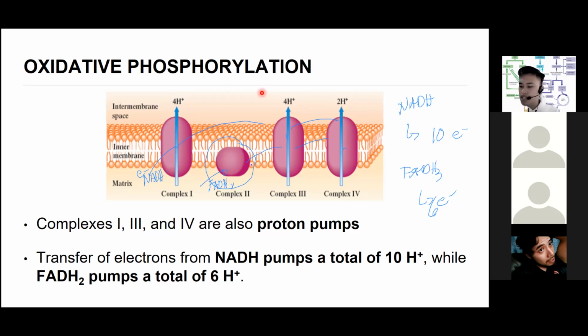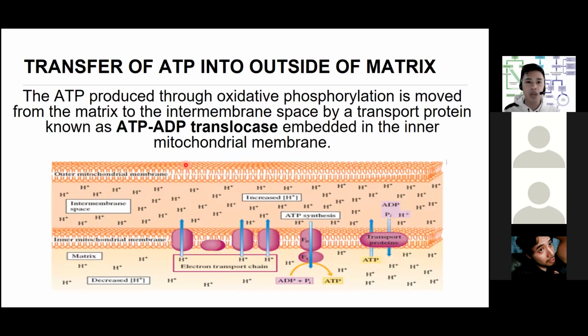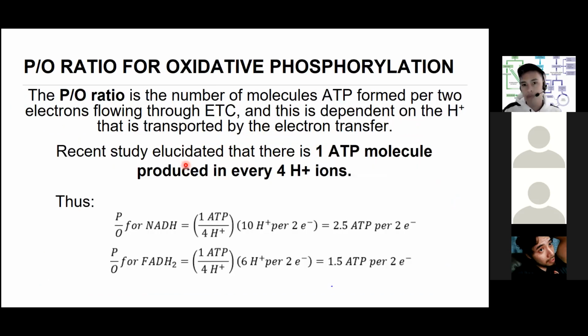Okay. So what is the significance of knowing this? We have the concept called the P/O ratio. What's a P/O ratio? A P/O ratio is the number of ATP molecules formed for every pair of electrons that flows in the electron transport chain.